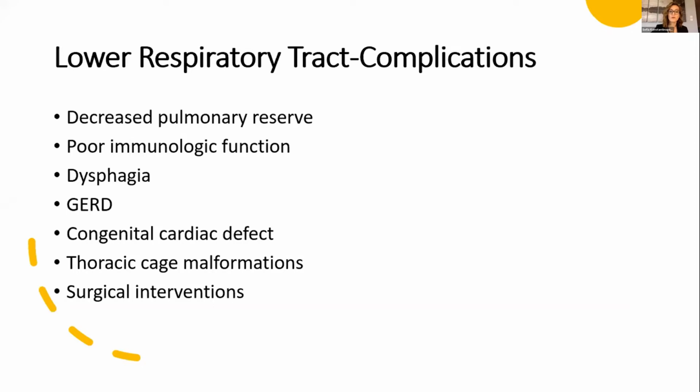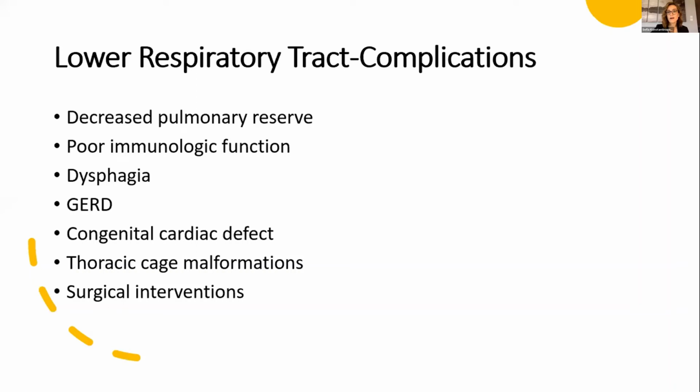Respiratory illnesses in children with Down syndrome tend to be more severe, even leading to death, when compared to children without Down syndrome. They're also more likely to lead to a longer length of stay, as well as a higher cost of care, about 2 to 3 times more compared to individuals without Down syndrome admitted with respiratory illnesses.